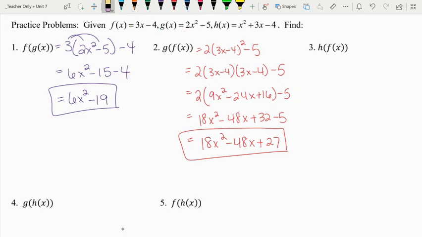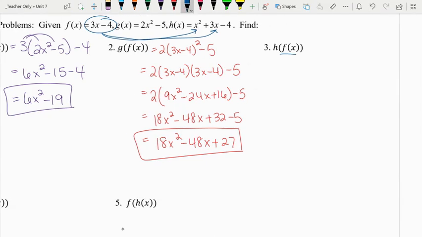Our next one, we're involving h of x. Okay, no difference. This is just h of f. No difference here. So we're plugging in f of x into our h. Okay, so this one was extra work because now we have 3x minus 4 squared. And then we also need to do it again and distribute.